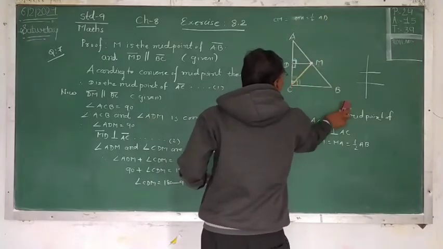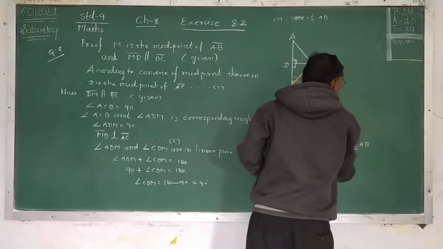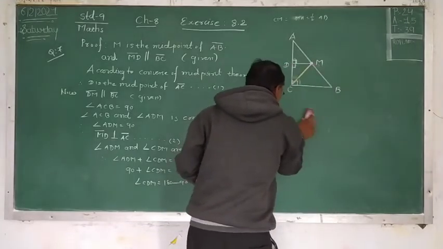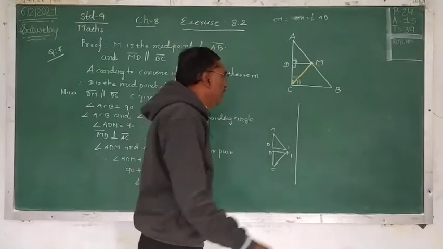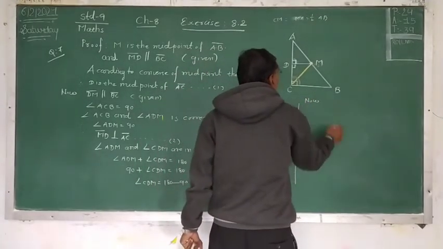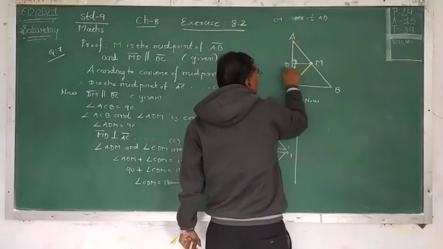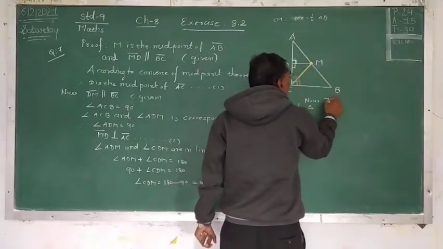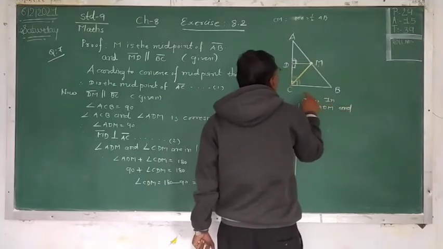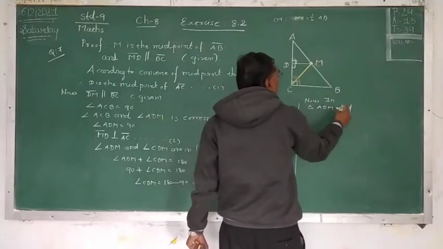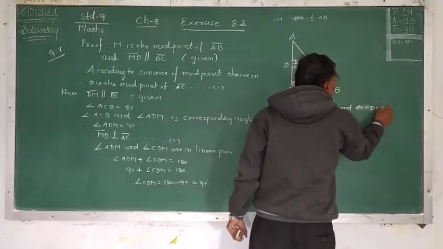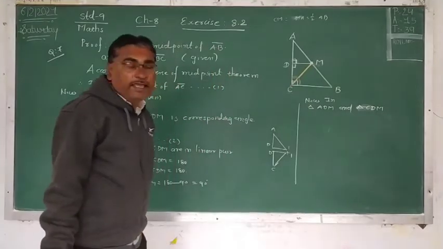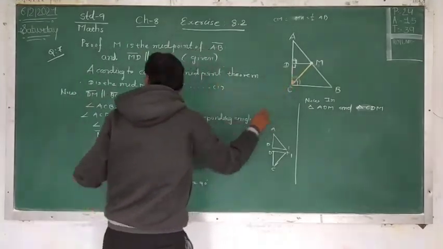Now, in triangle ADM and triangle CDM, D is the midpoint, as we have proved.